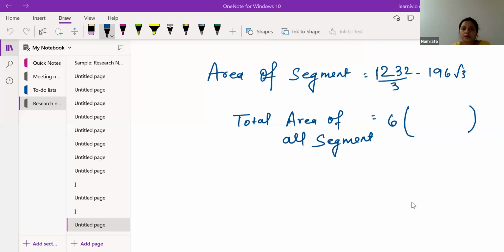So we must multiply 196 with 1.7 and convert it to decimal.